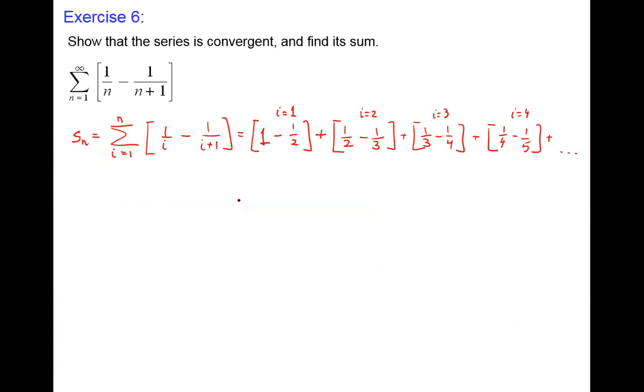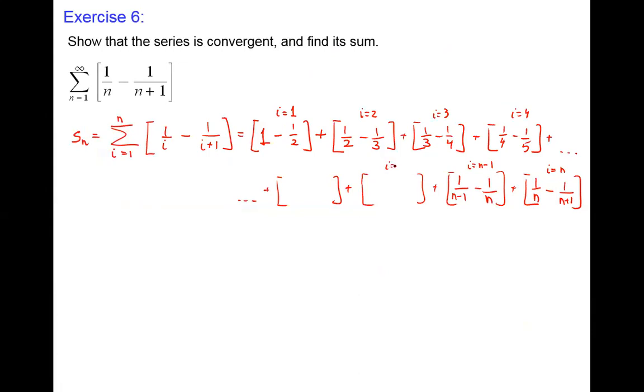And then let's make a gap. I also need a few terms from the back side, which I can show you. The last one will be for n, which is 1 over n minus 1 over n plus 1. The one before will be for n minus 1. Instead of i I have to put n minus 1, and instead of i plus 1, n minus 1 plus 1 is just n.